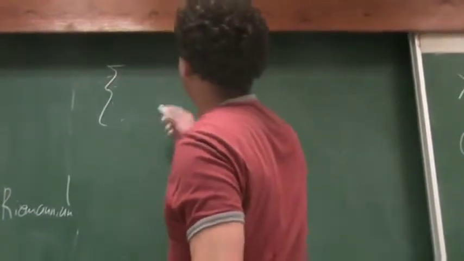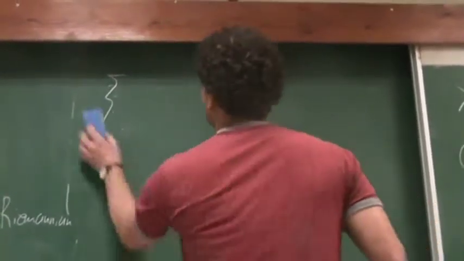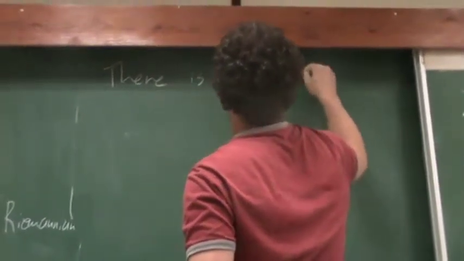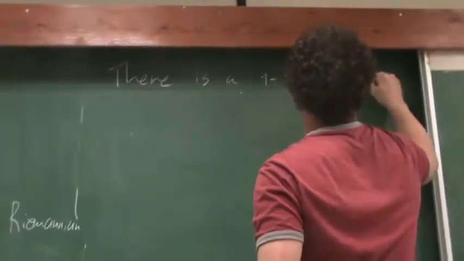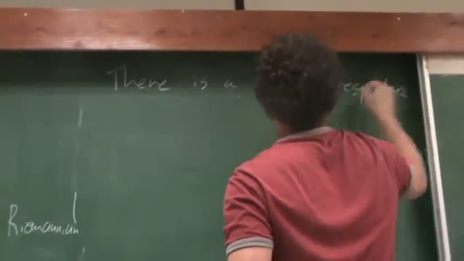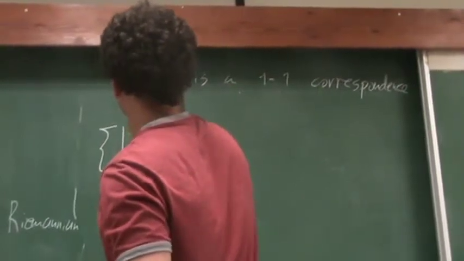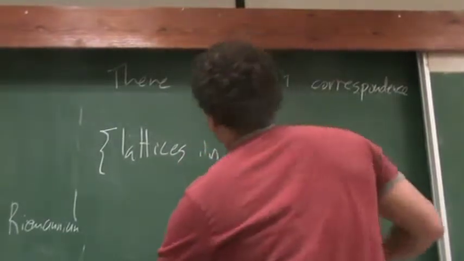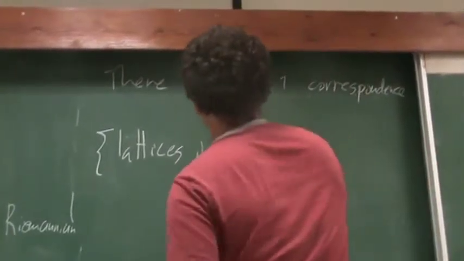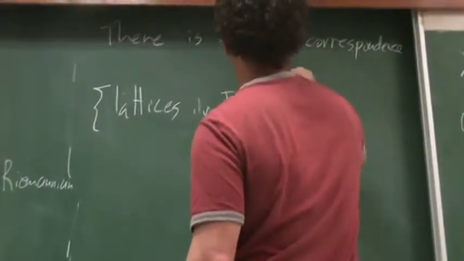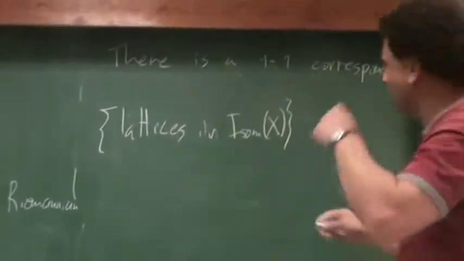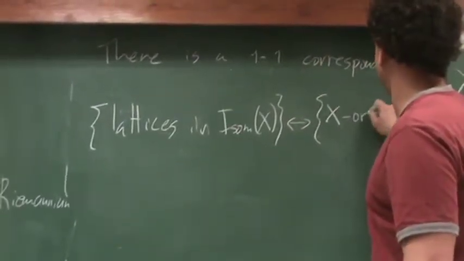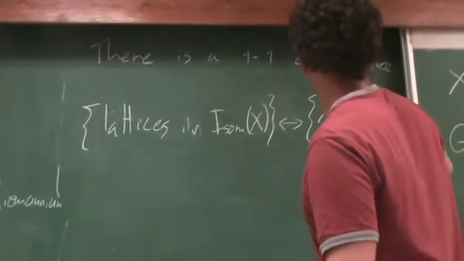Or more generally, there is a one-to-one correspondence between the set of lattices in G, say in the isometry group of X, which is almost G, and the space of X-orbifolds of finite volume.